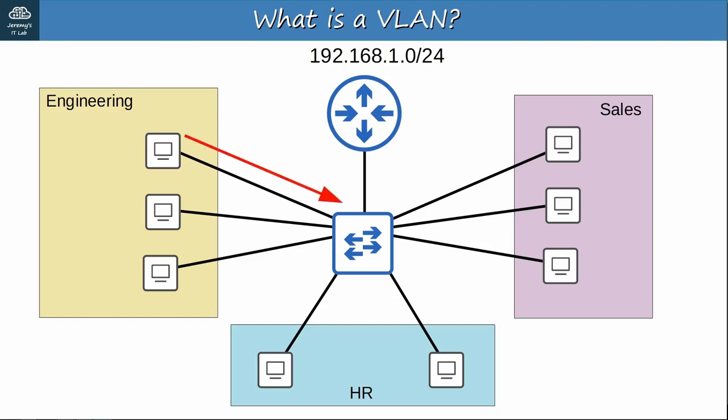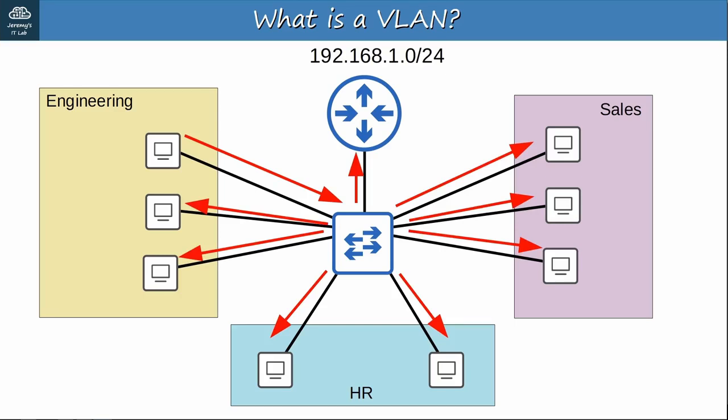For example, let's say a PC in the engineering department sends a broadcast message intended for other PCs in the engineering department. Since it's a broadcast message, the switch will flood it out of all interfaces. So, not only will the PCs in the engineering department receive the broadcast, all PCs, as well as the router, will receive the broadcast.